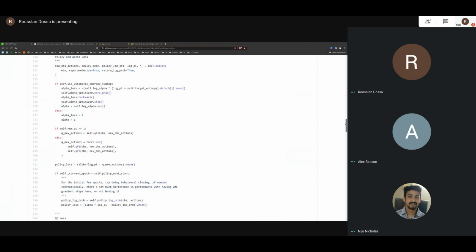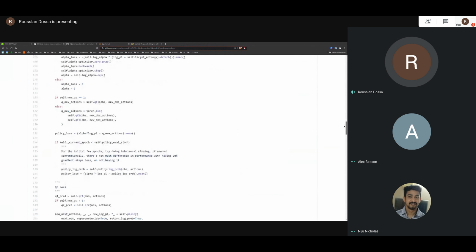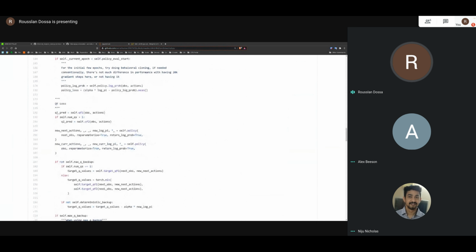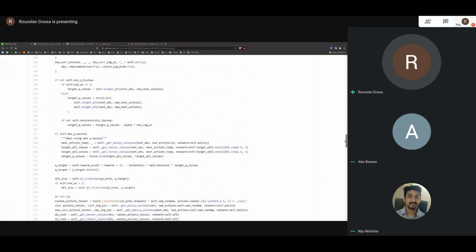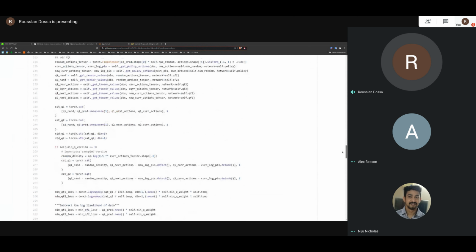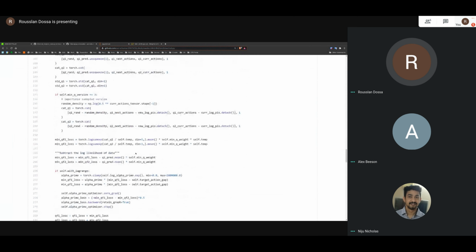And what they do next is compute Q1 pred, which takes the observation and actions, and also Q2 prediction, since we have two Q functions in soft actor critic. So that's our Qs, and the last thing they do is to subtract it here.